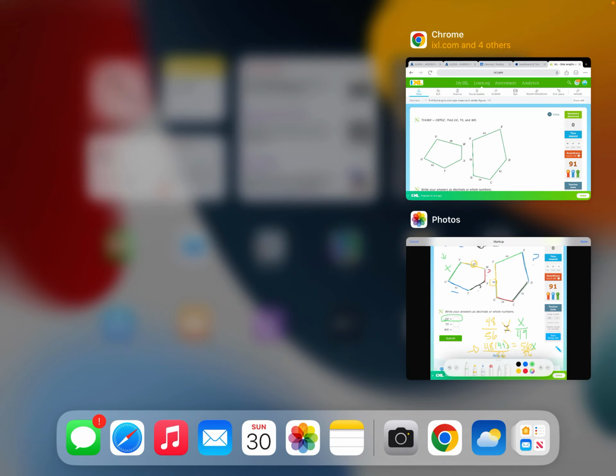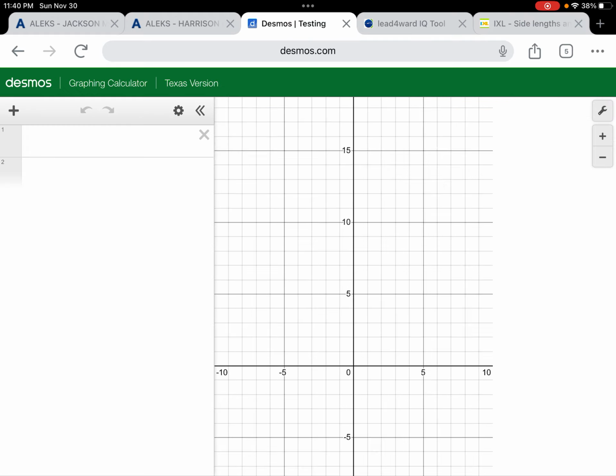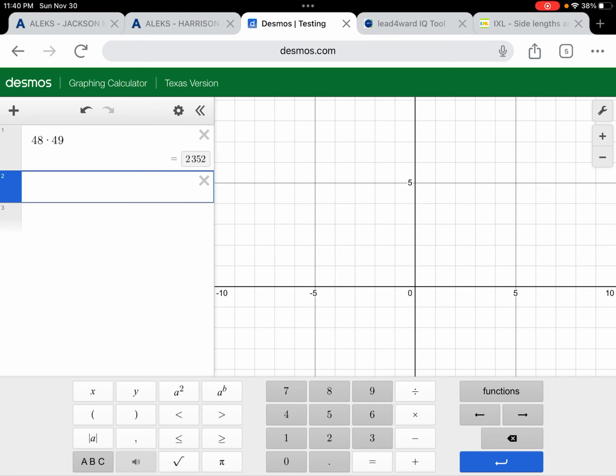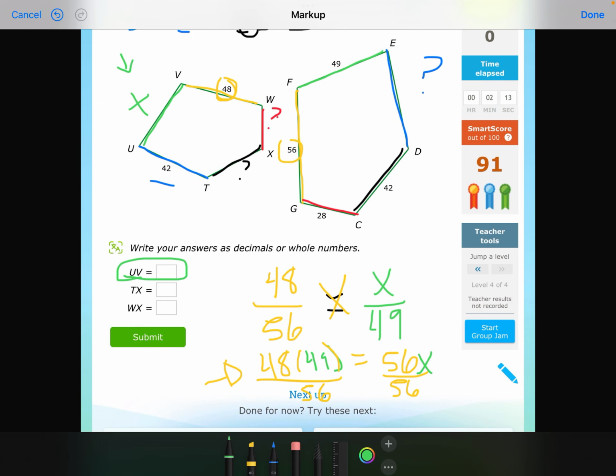Here we go. 48 times 49 is 2,352 divided by 56, we get 42. So if I go back over here, my final answer should have been 42. Okay, and that's how you would solve for a side.